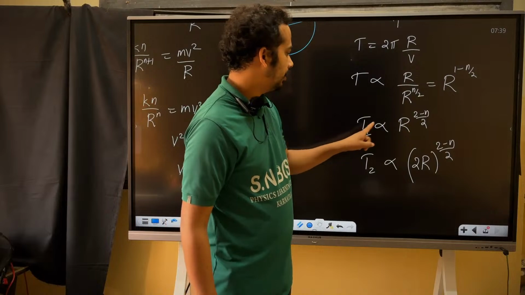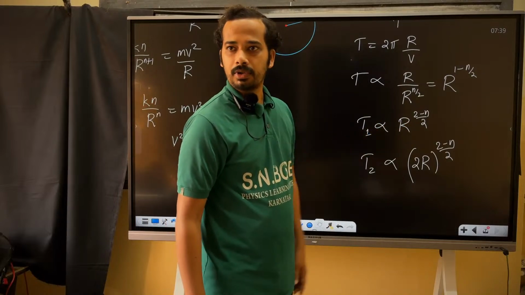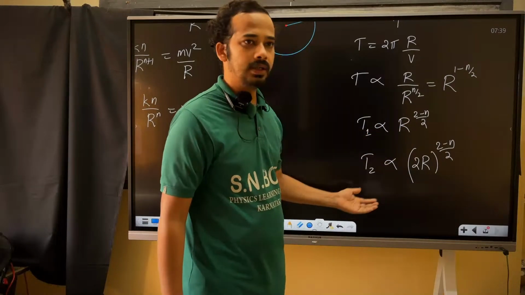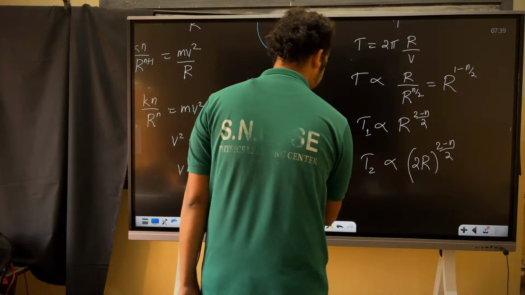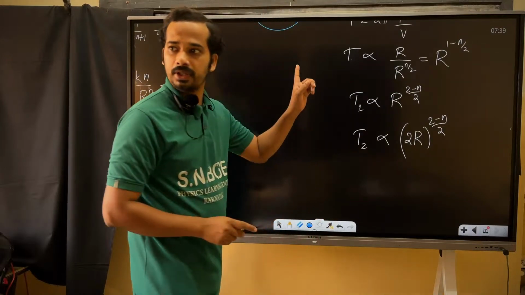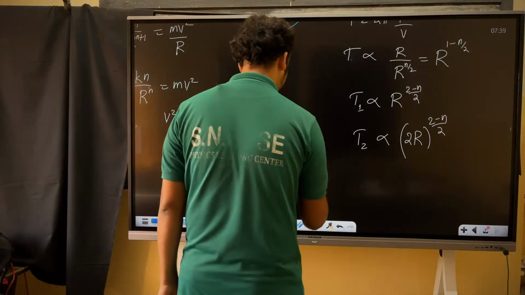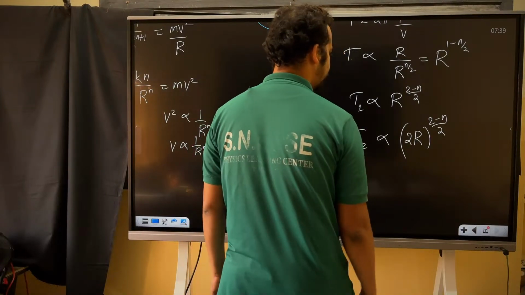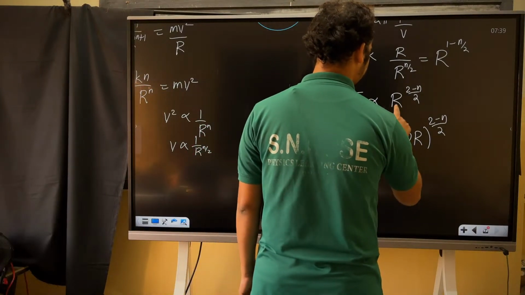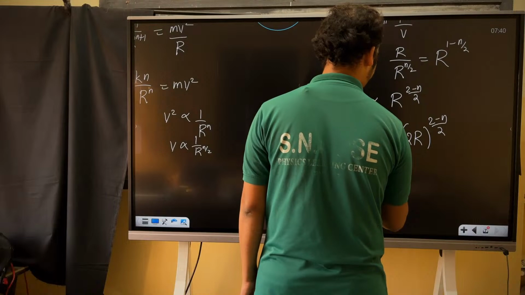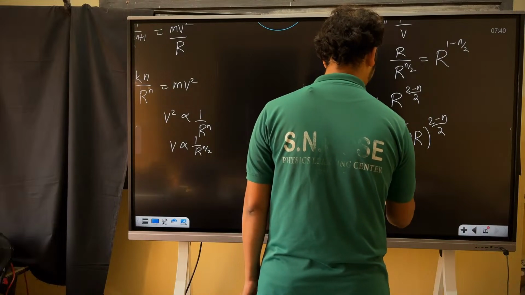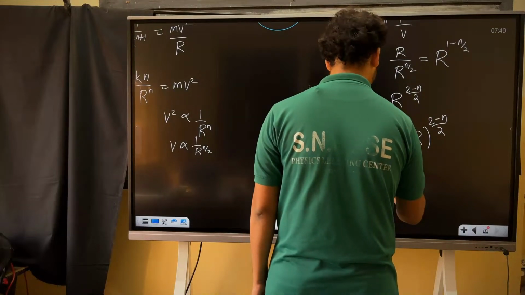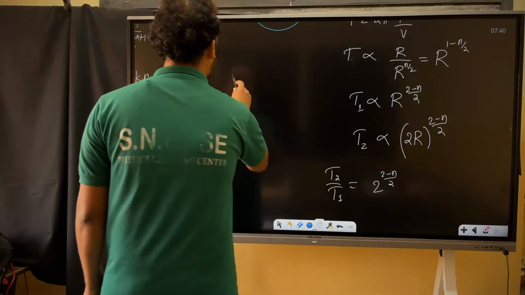For capital R radius, this is the time period proportionality. For 2R radius, this is the proportionality. Both are circular orbits, he mentioned like this. So T2 by T1 is equal to 2 power 2 minus n by 2. You have the option.